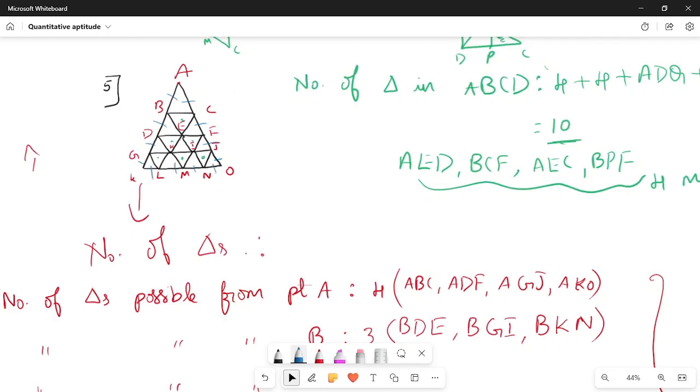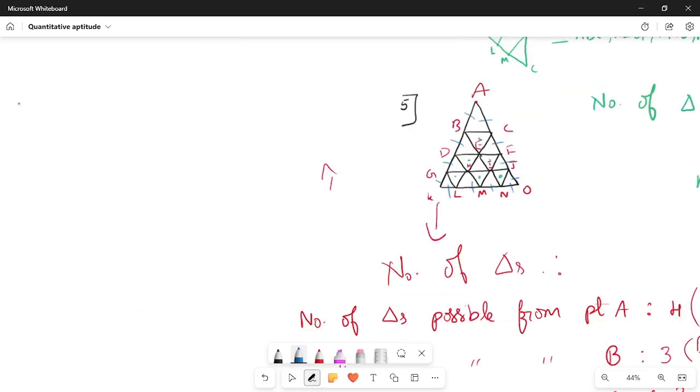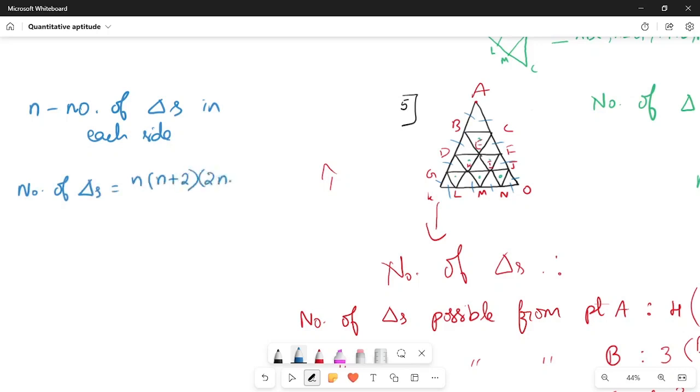If I consider n as the number of triangles in each side, and it is the same, then the formula for counting the number of triangles is n into n plus 2 into 2n plus 1 by 8.